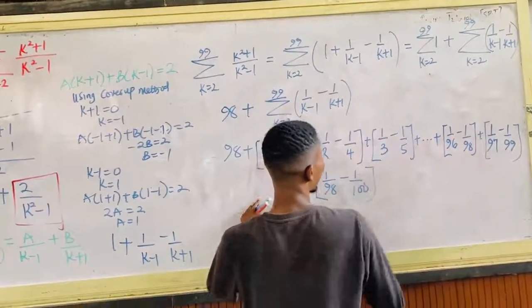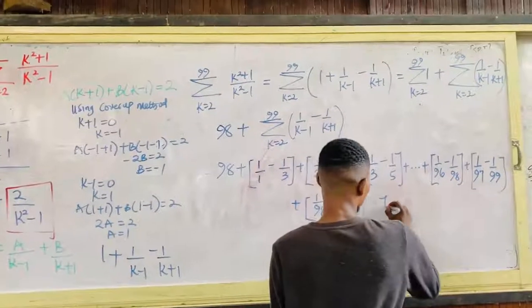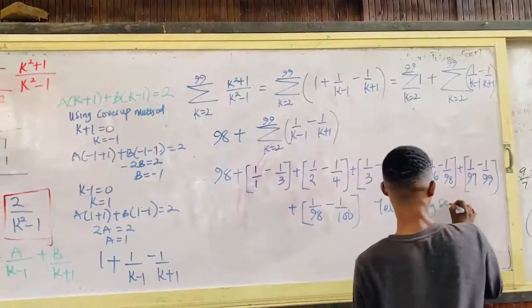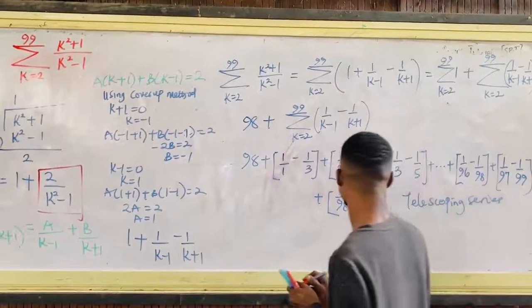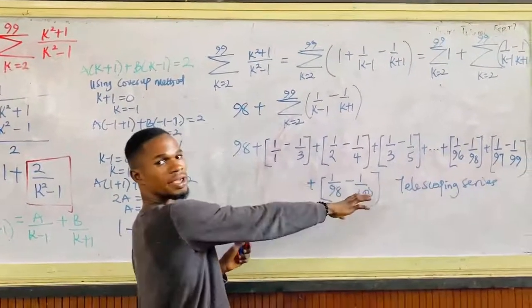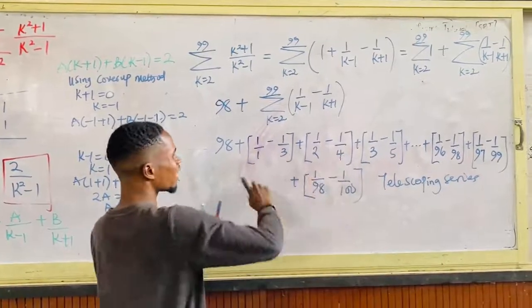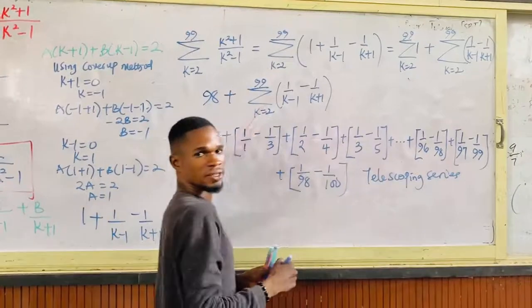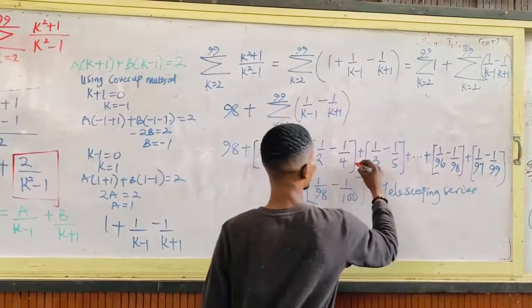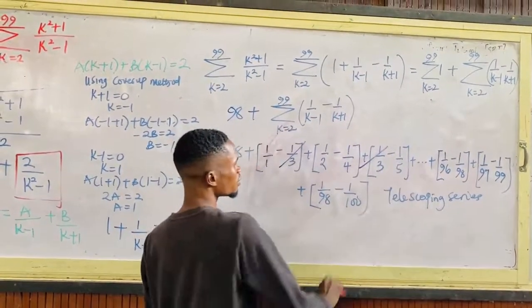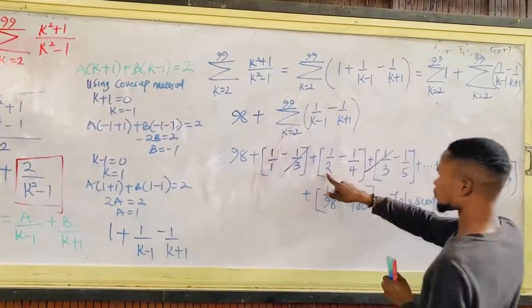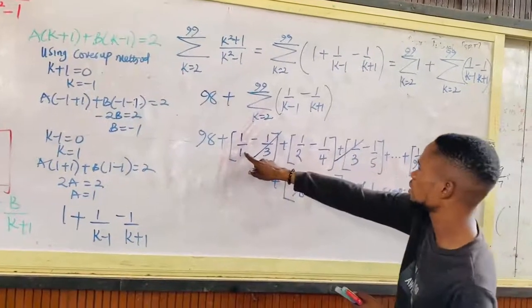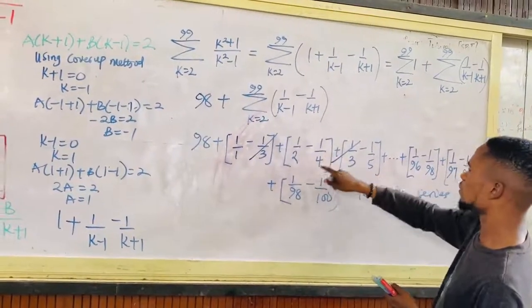And there's something we call a telescoping series. This is a telescoping series because we notice that the terms kill each other. This is minus 1 over 3, and this is plus 1 over 3. This is 1, this is 1 over 2, 1 over 4, 1 over 5.